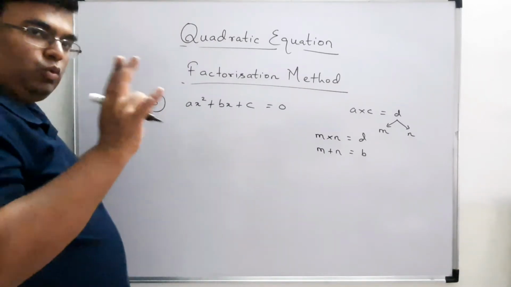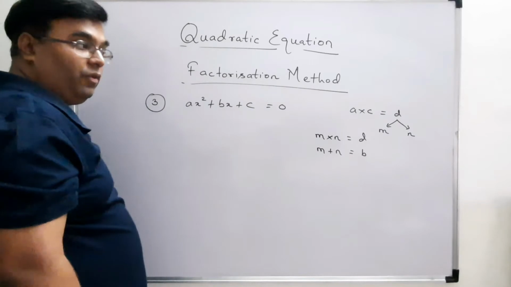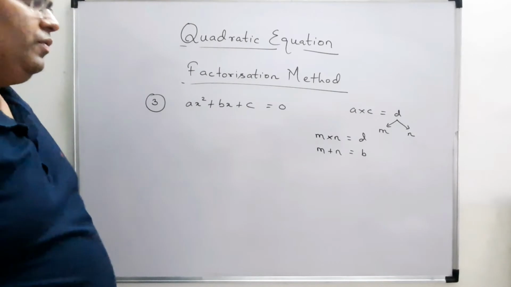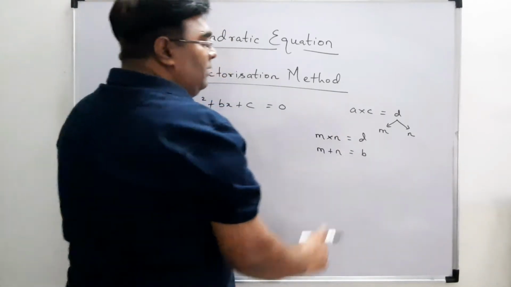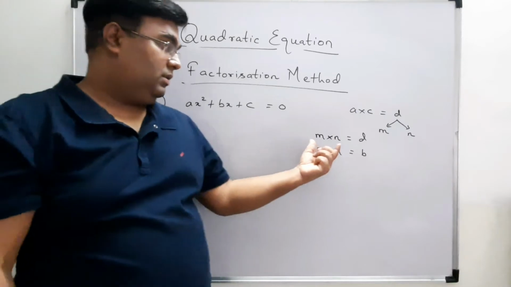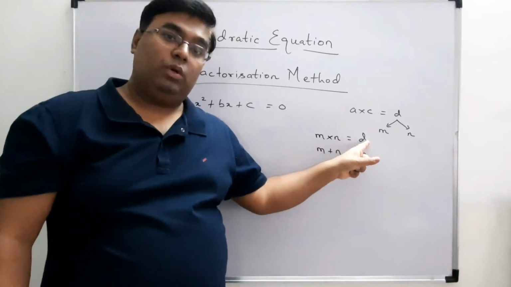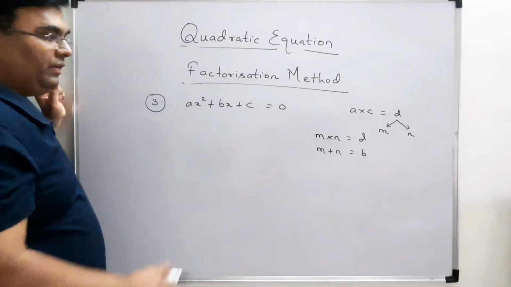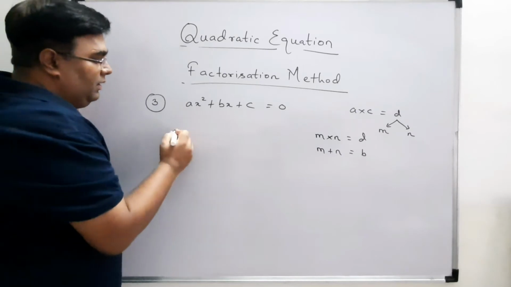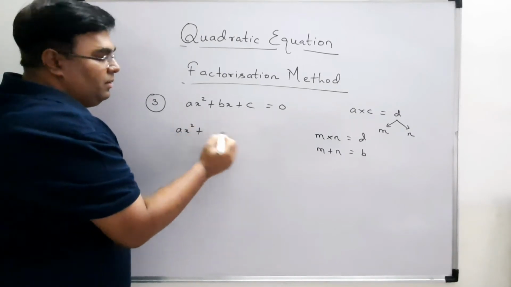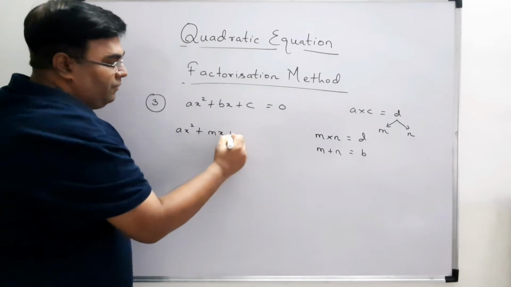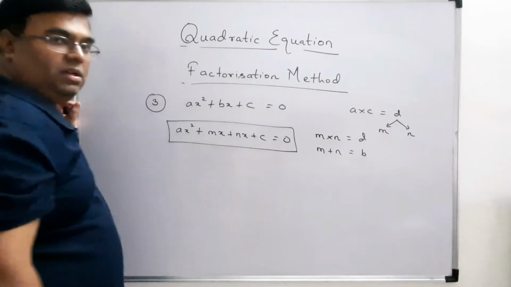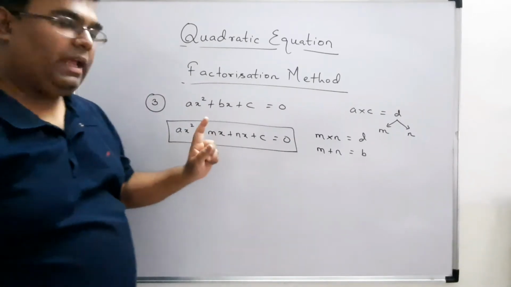So we need to find two numbers, which are m and n, from where? From d. d has come from a into c. So we need to find two numbers m and n such that their product is equal to d, but their addition is equal to b. So if that happens, we will convert our quadratic equation into this m and n form, right?